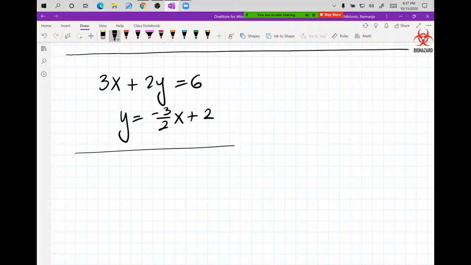So let's see what we get when this is the system. We have equation 1, equation 2. Again, we're supposed to graph this on the same coordinate plane and see what we get.